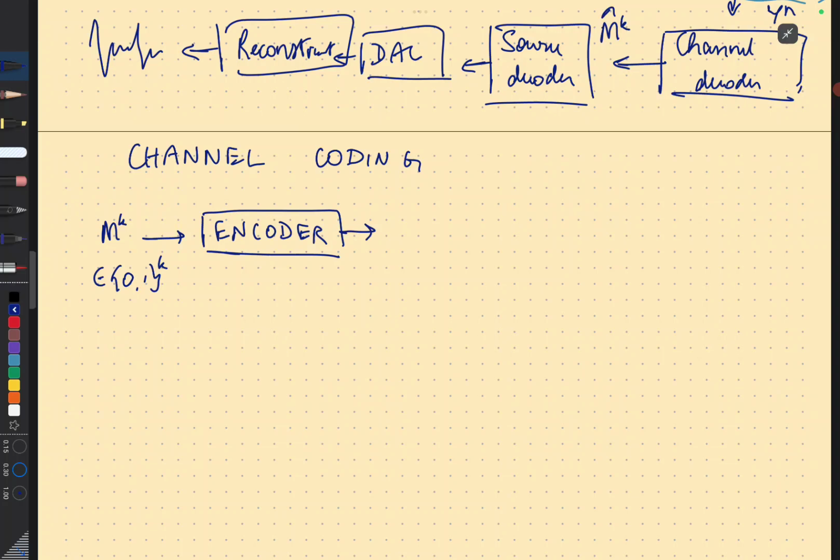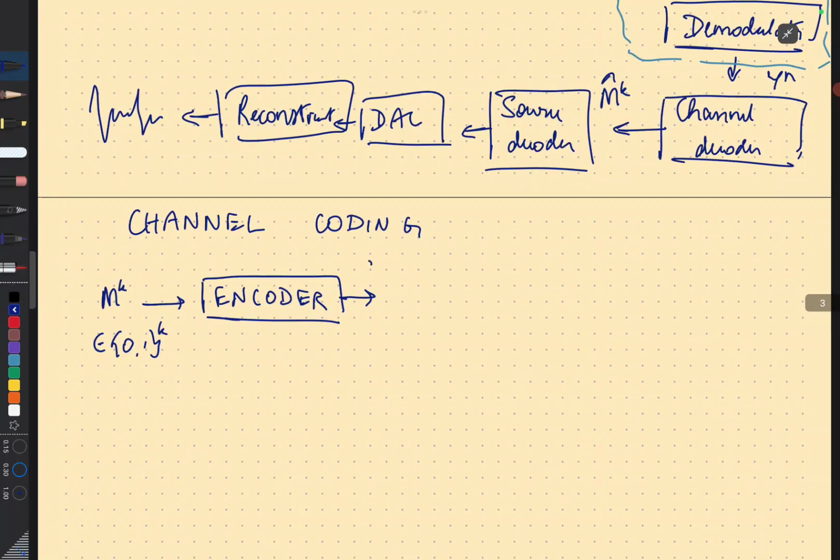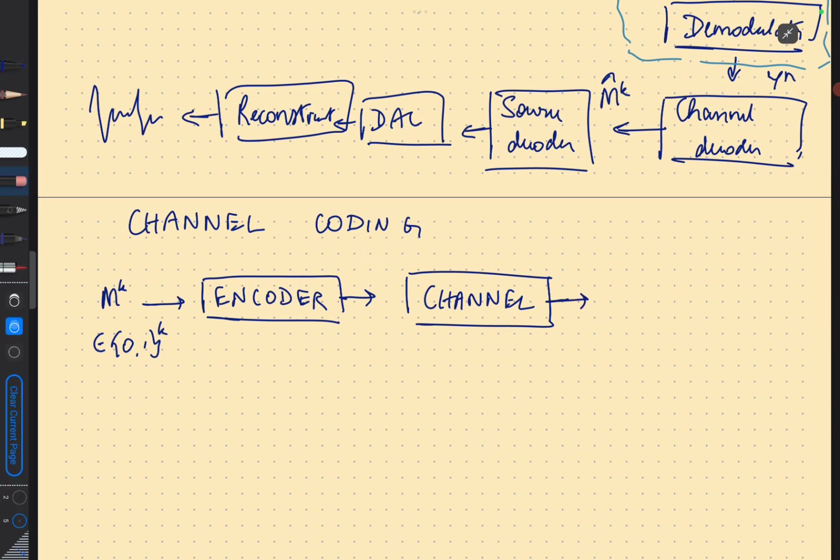The goal is to encode this, or convert it to a sequence of n symbols, x^n, which is fed to a block which I'll collectively call the channel.